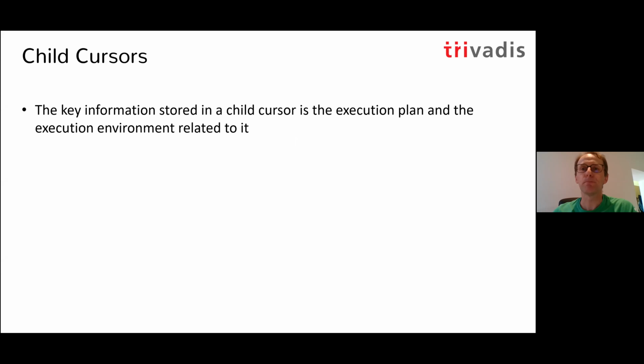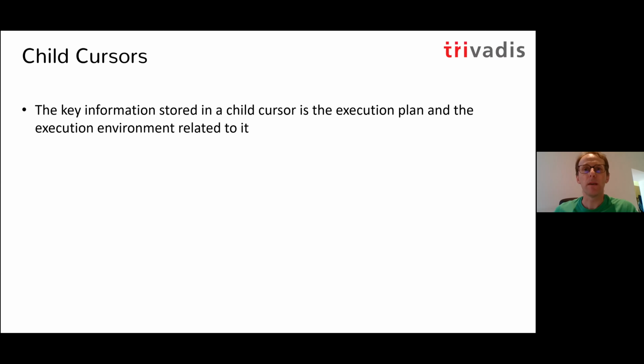Even though we are usually more aware of the execution plan, which is critical for the execution, the execution environment is also very important, because even though two applications or two clients execute the same query, they might execute it in different environments. That could be a different NLS environment, or they set some optimizer initialization parameter at the session level, and so on. All this stuff makes the environment.